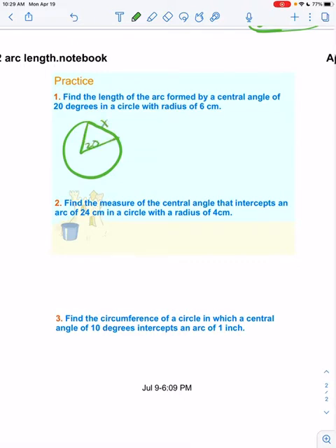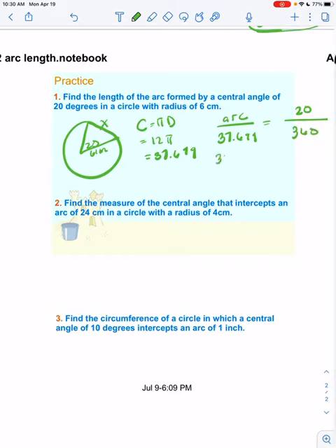Okay, central angle of 20 degrees. We're looking for the arc. Radius of 6. Okay, I always need my circumference to get started. So this is 12 pi, which is 37.699. Now we set up our formula. So the arc over 37.699 equals the angle over 360.